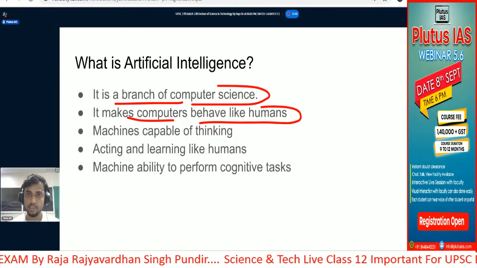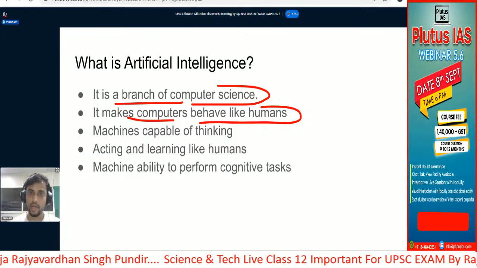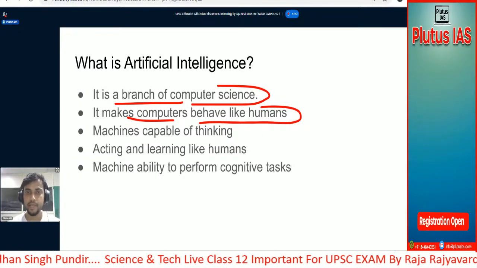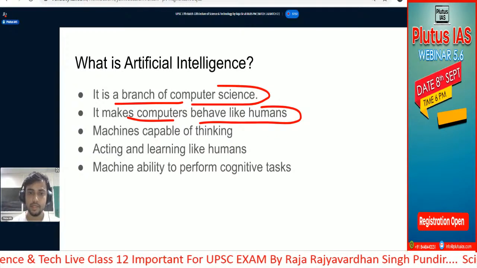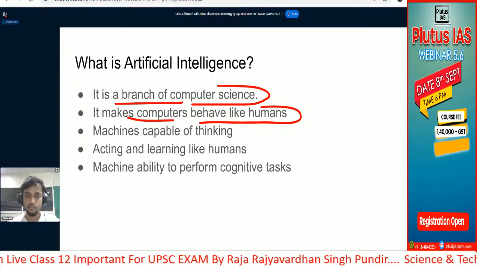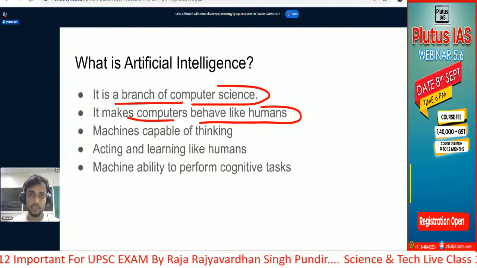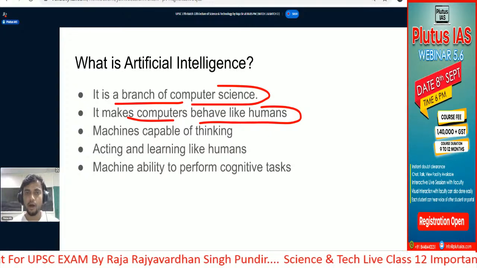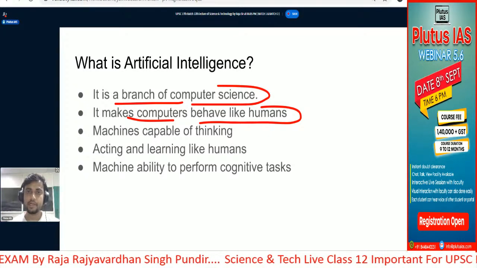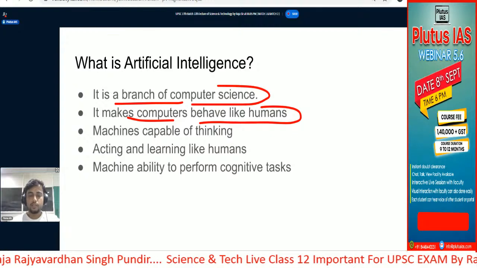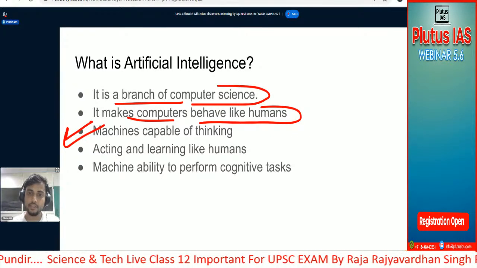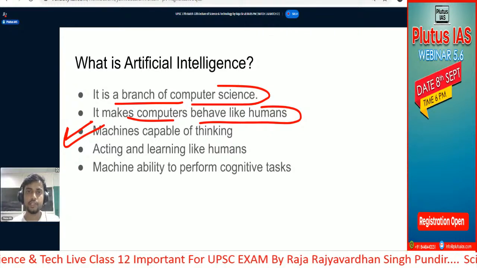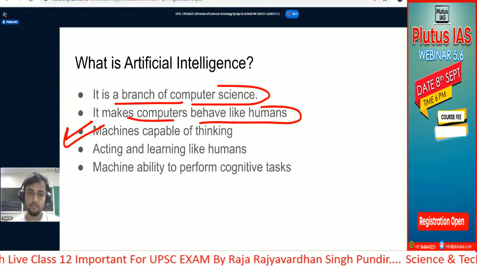Just as humans have the ability to recognize, to perceive, to think, to reason, and to solve problems, they want to make computers behave in a similar way. How they are doing it, we will see in the next class. Those machines which are capable of thinking just as humans are the artificially intelligent machines.